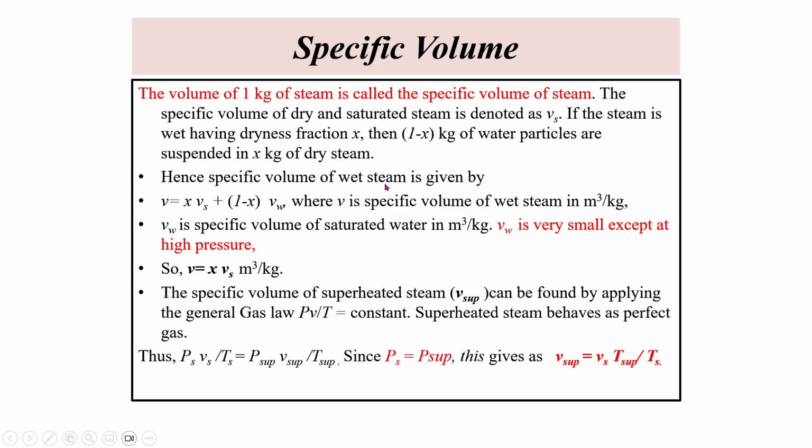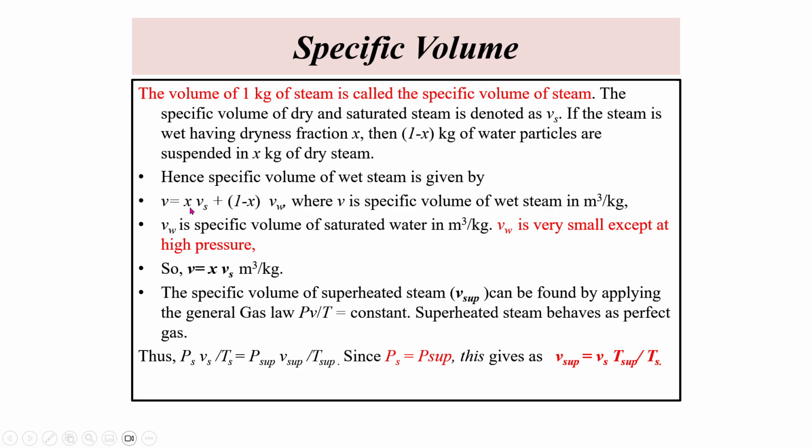So for the specific volume of wet steam, where dry saturated steam plus wet water particles are there, you calculate x into Vs, the specific volume of steam at a particular pressure, and then 1 minus x is the quantity of water, and Vw is the specific volume of water.